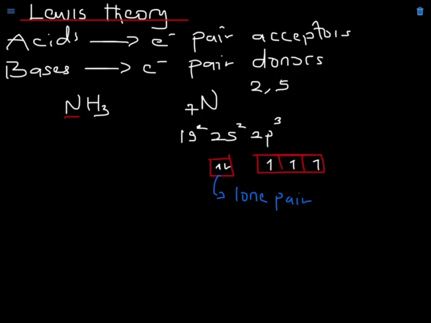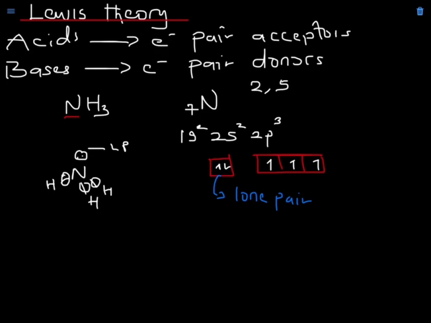This means that if you draw a Lewis structure for the ammonia compound, we see that we have 1 lone pair and 3 bond pairs. The 3 bond pairs are equivalent to the number of unpaired electrons, while the lone pair is equivalent to the number of paired electrons or electron pair.